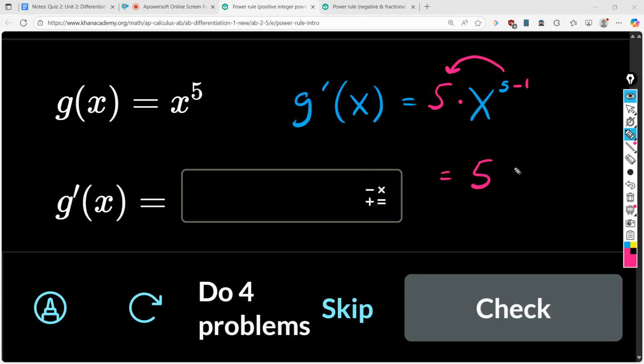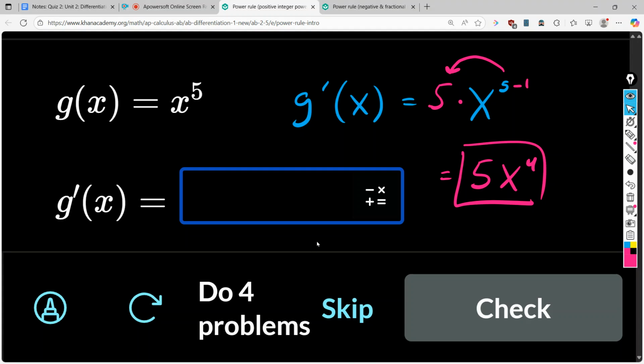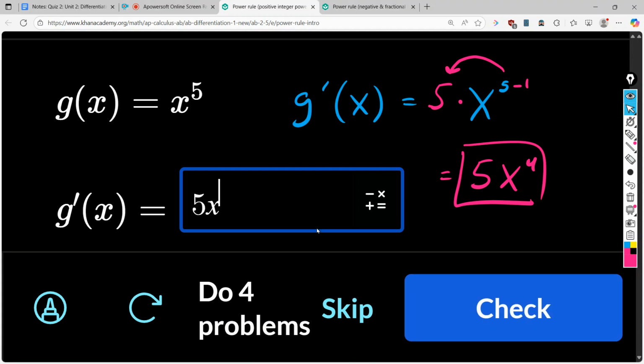So that's going to be 5x, and of course 5 minus 1 is 4. Done. 5x to the 4th.